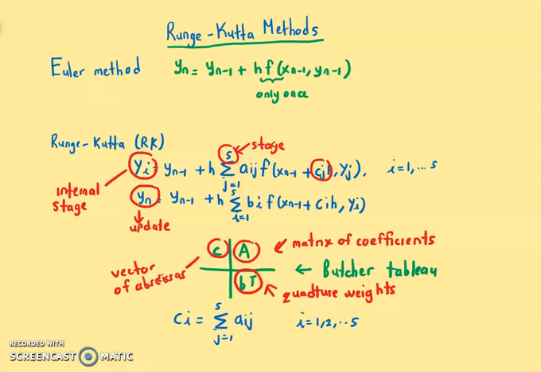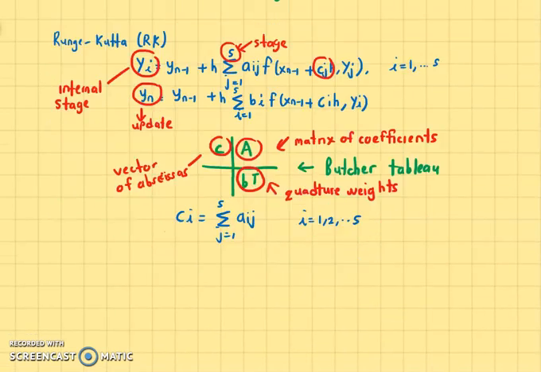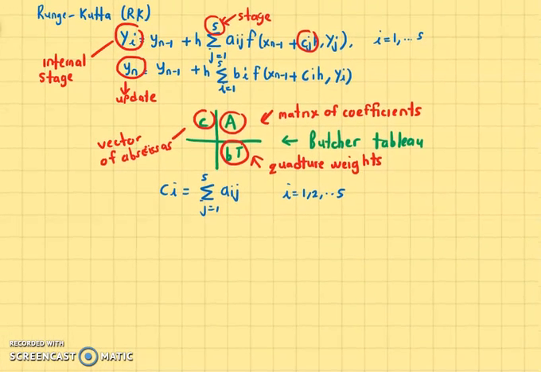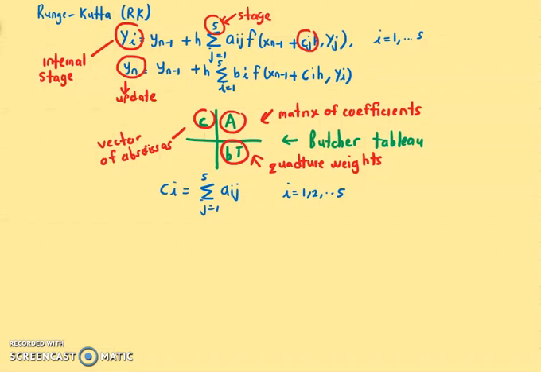The Runge-Kutta method can be divided into two. If A is lower triangular, then you have an explicit method. On the other hand, if A is a full matrix, we have an implicit method.